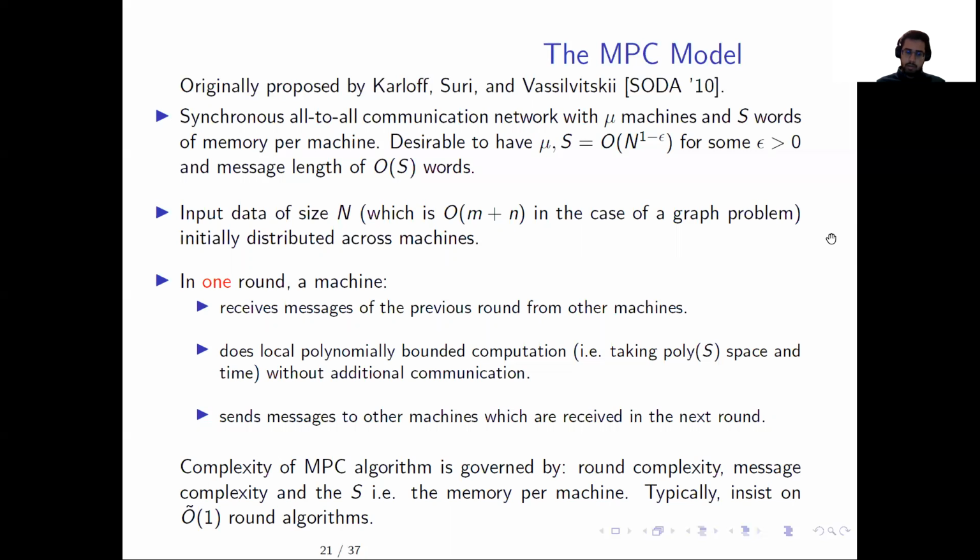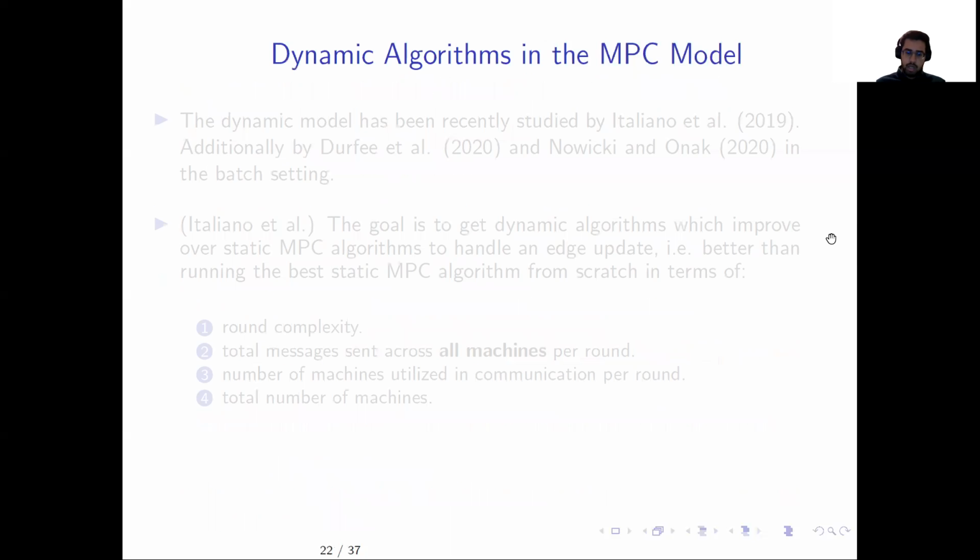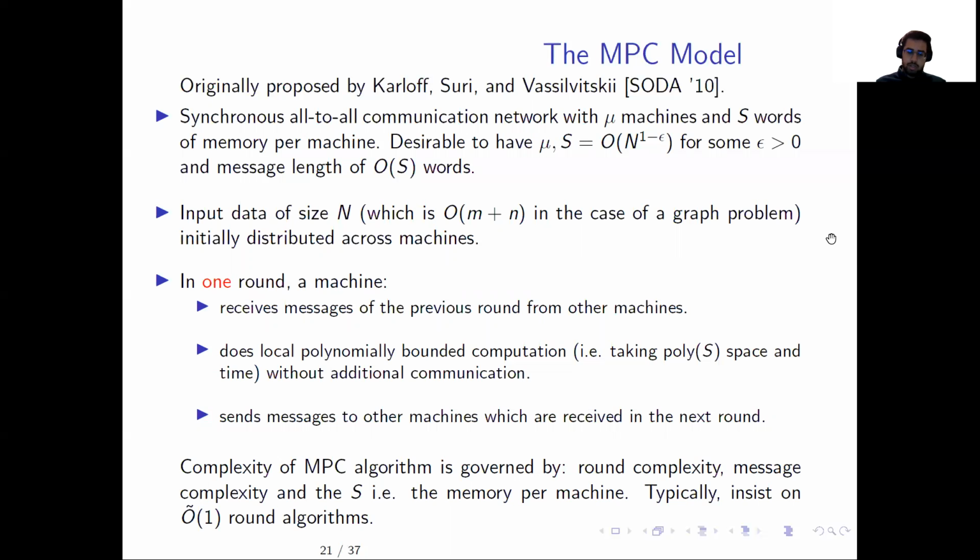In a single round, a machine simply receives messages of the previous round from other machines. It does local polynomially bounded computation, and then it sends messages to all other machines. So this is the static setting of the MPC, and typically we would like to get algorithms which have at most polylogarithmic round complexity.